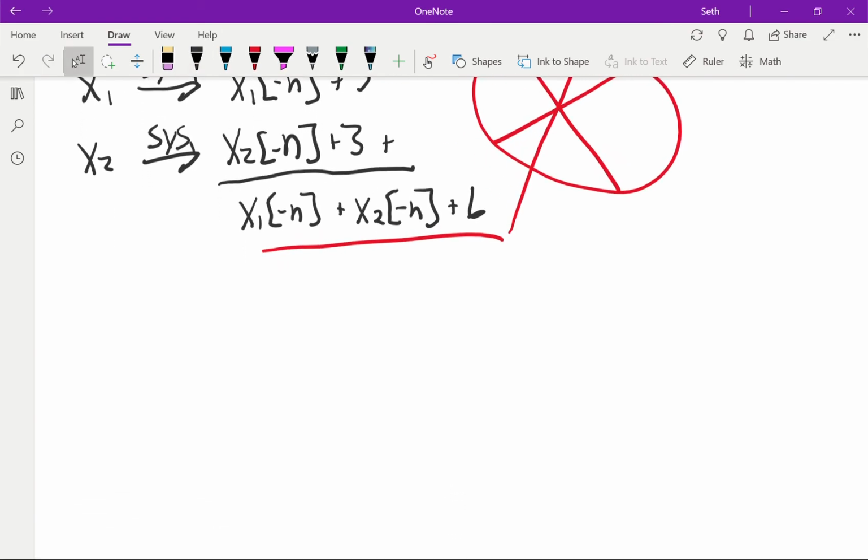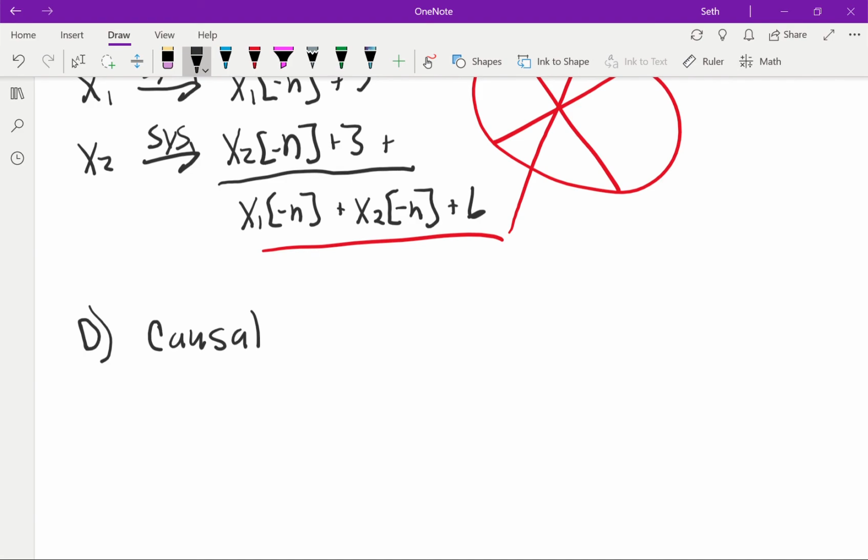Okay, part D asks us to find whether the system is causal. And a causal system is going to be one that depends only on present or past inputs.